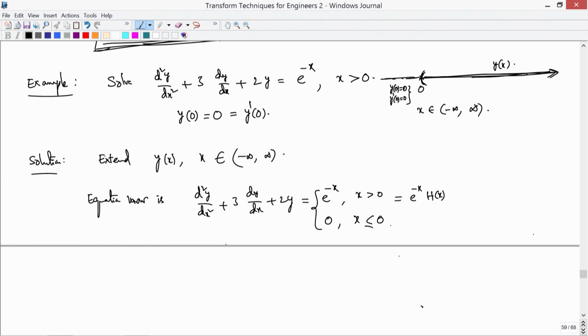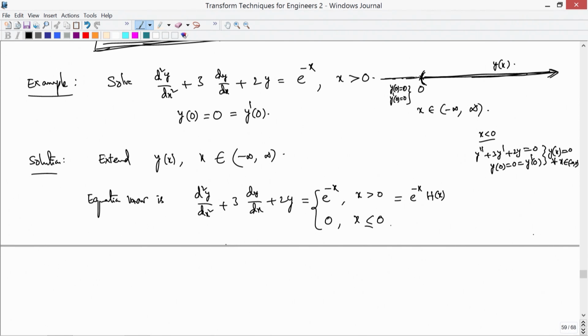Okay. Now, if you take x less than 0, the negative side, what happens? Because of these two initial conditions, your equation is y double dash plus 3y dash plus 2y equal to 0. So, you have a homogeneous equation with homogeneous initial conditions. The solution is actually completely 0 for every x in minus infinity to 0.